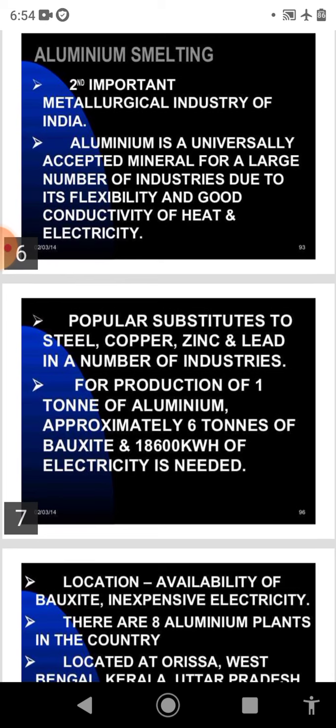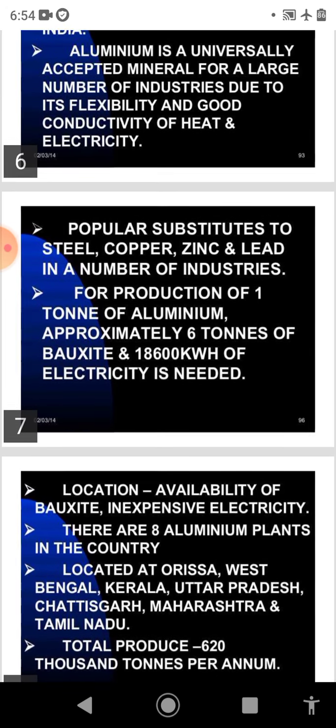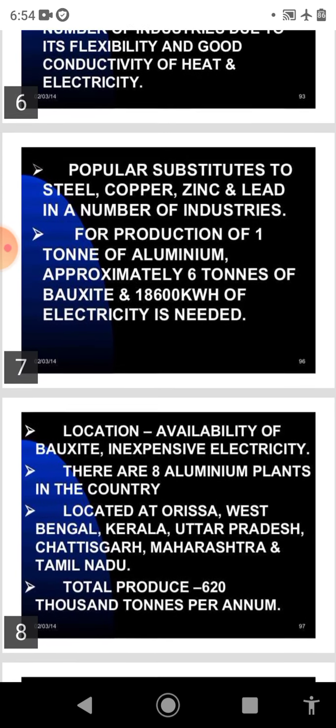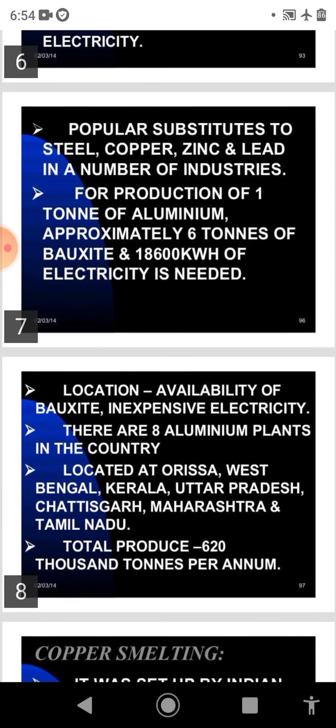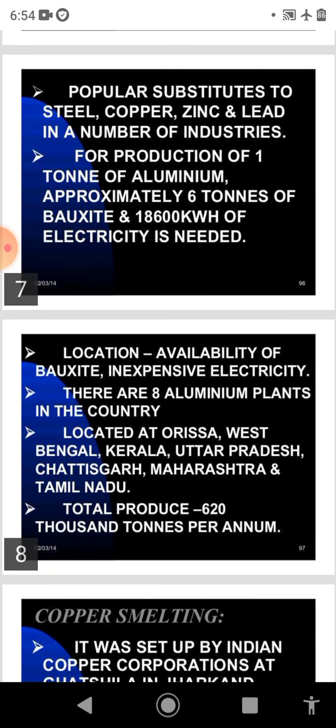With regard to the location of the aluminium smelting industry, the first factor is the availability of bauxite, and the second important factor is the cheap availability of power resources, because this is a power intensive industry. It requires a large amount of power at the time of smelting.